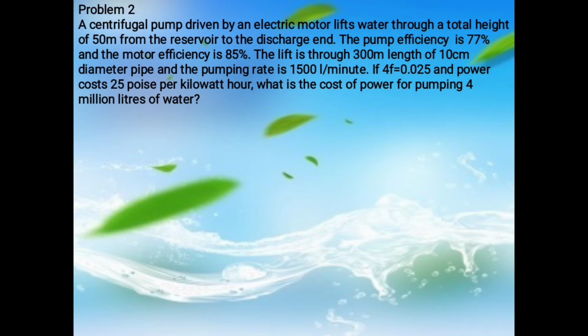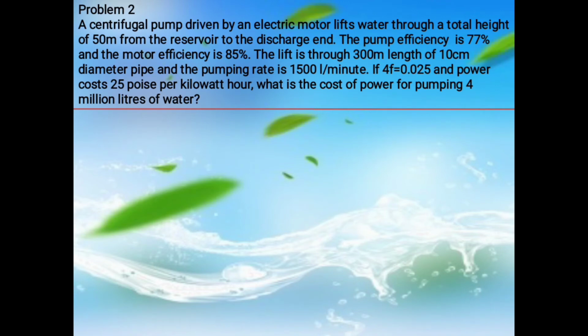The lift is through 300 meter length of 10 centimeter diameter pipe and the pumping rate is 1500 liters per minute. If 4F equal to 0.025 and the power cost 25 paise per kilowatt hour, what is the cost of power for pumping 4 million liters of water?